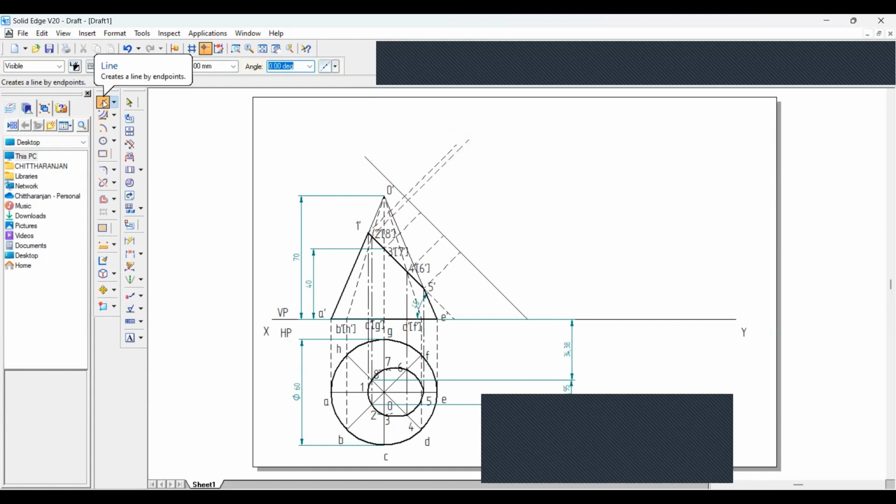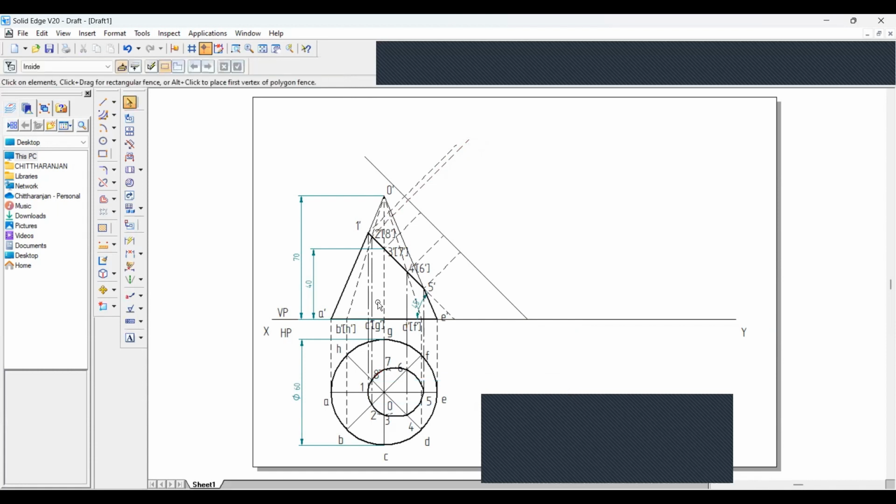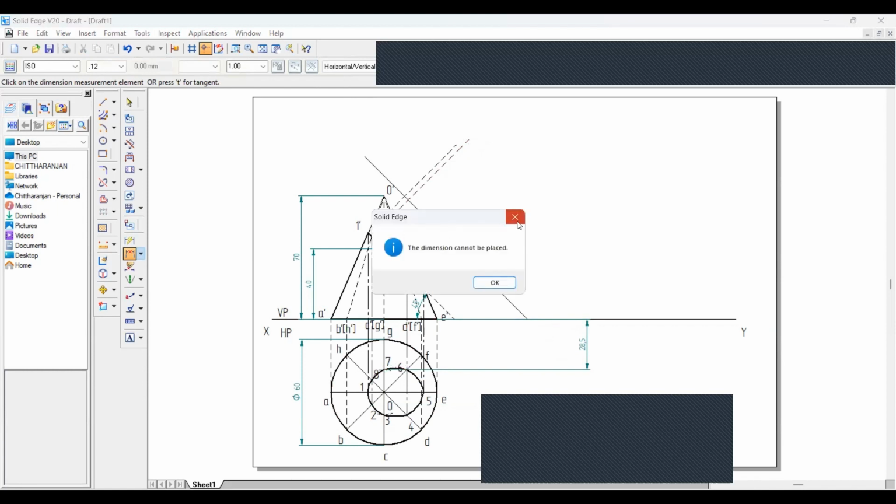Now again check the dimensions here. The dimensions from this axis to this point, and this point to this point.